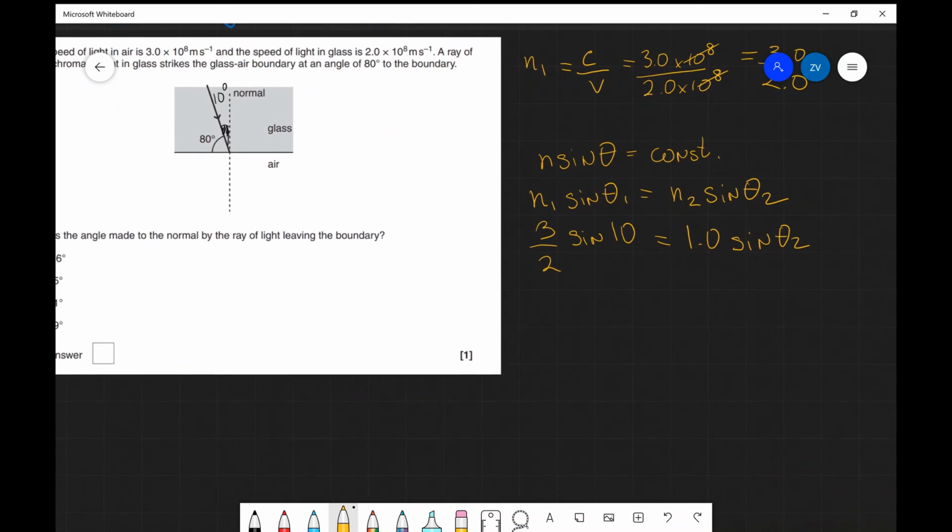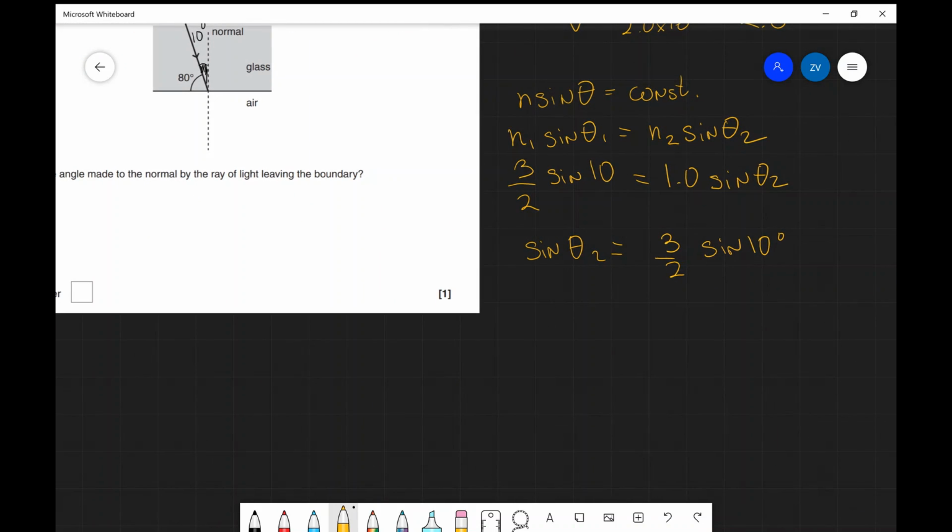Okay, so what I'm going to do is rearrange for sine theta 2. So sine theta 2 is just going to equal 3 over 2 sine of 10 degrees, and obviously divided by 1, but I'm not going to write that because anything divided by 1 is exactly the same expression.